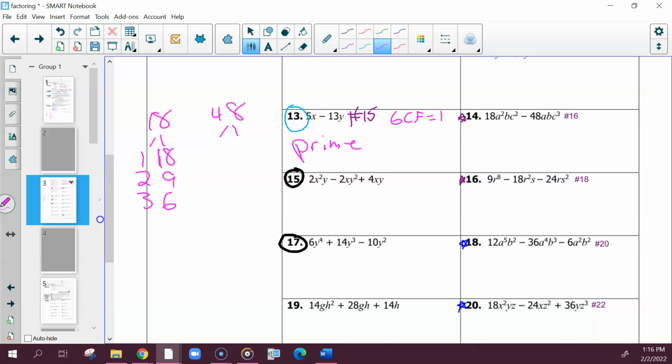What about 48? 1 and 48. 2 and 24. I don't know if it's divisible by 3, but I feel like it is. We need to check that. 4 and 12. 3 and 16. Any others?